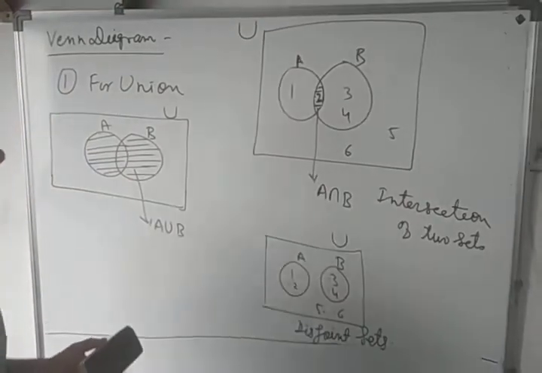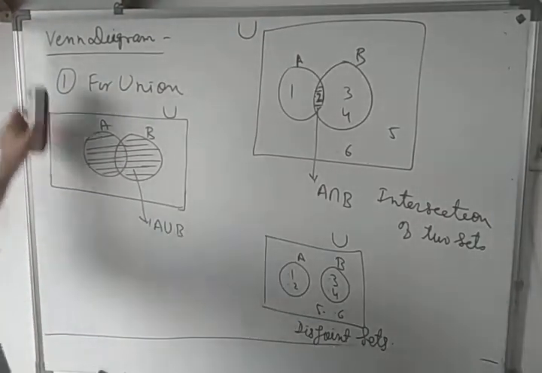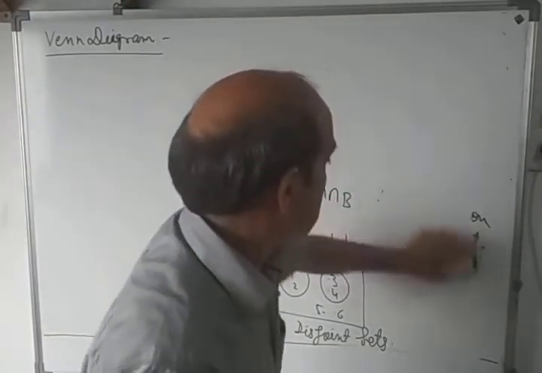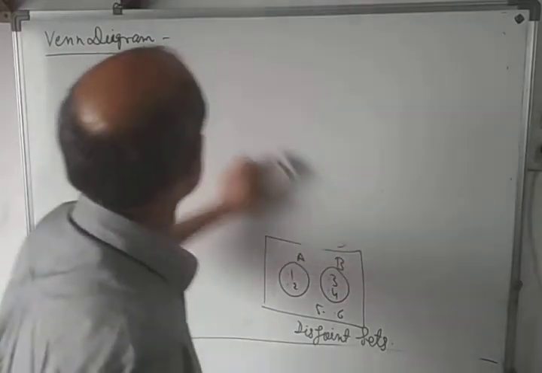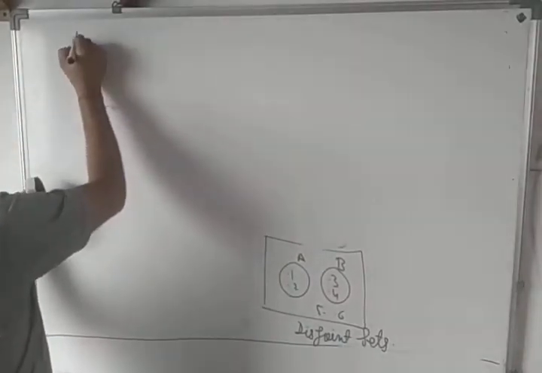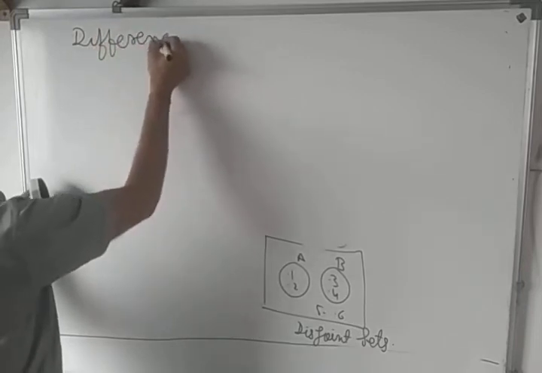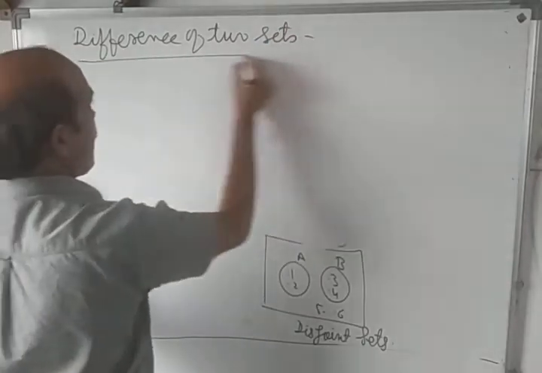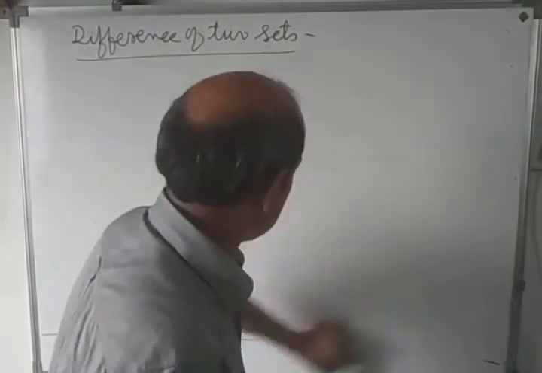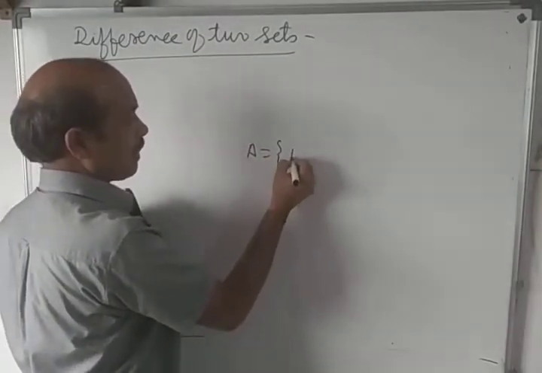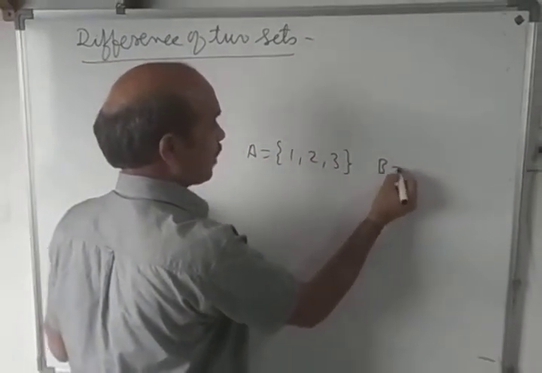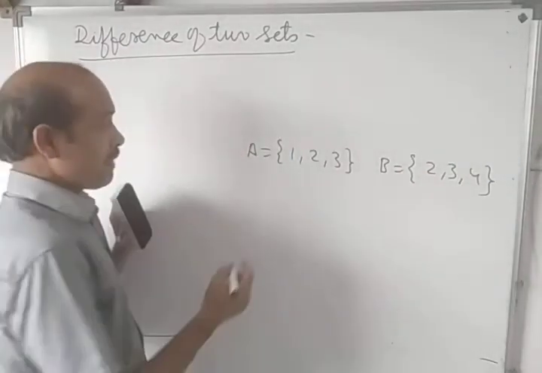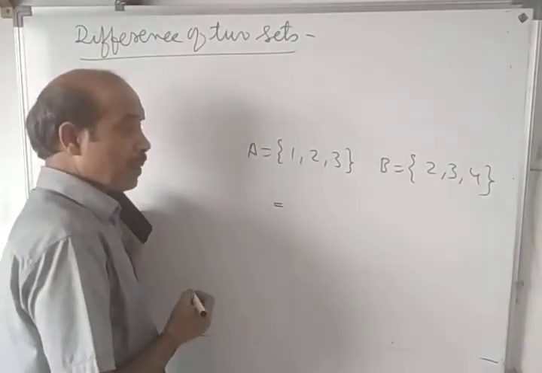Next comes, after all three, the fourth one is difference of sets. Difference of two sets. See first example, if A is having 1, 2, 3, B is having 2, 3, 4, then difference of A and B will be this.